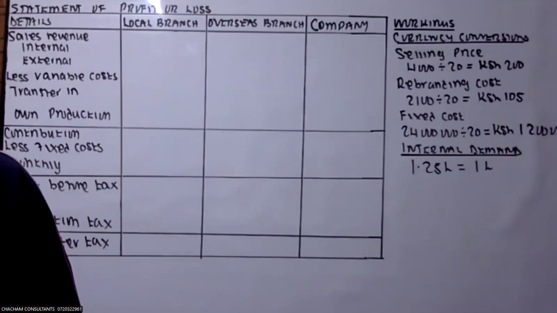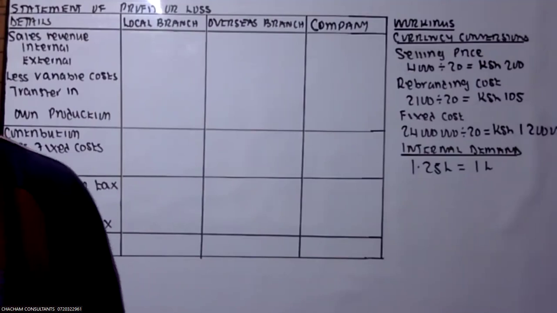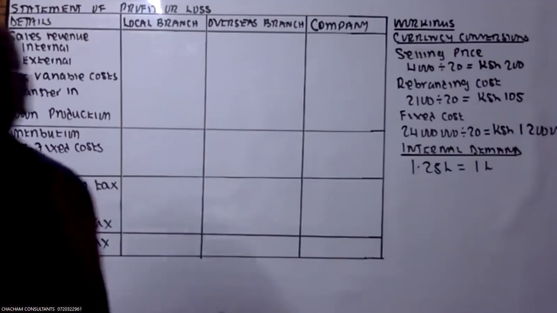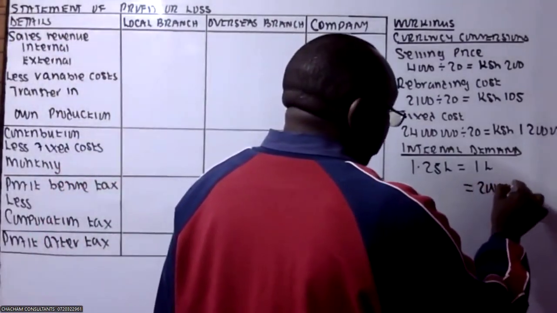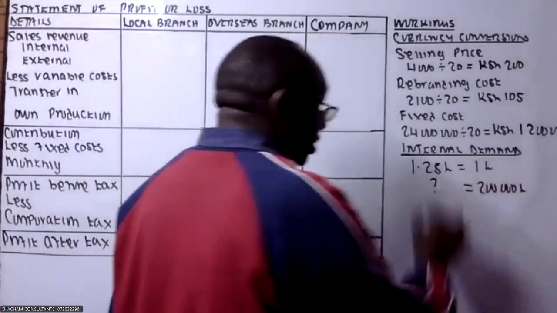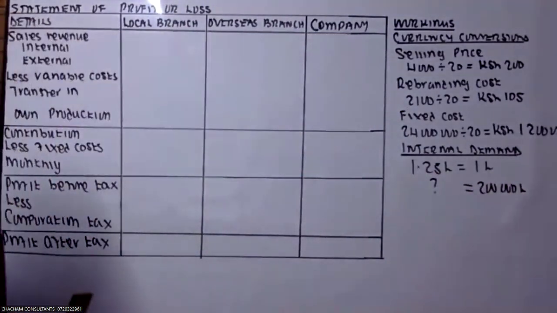Now, the sales for the branded powdered milk, they want to make 200,000. So 200,000 liters will require how many?